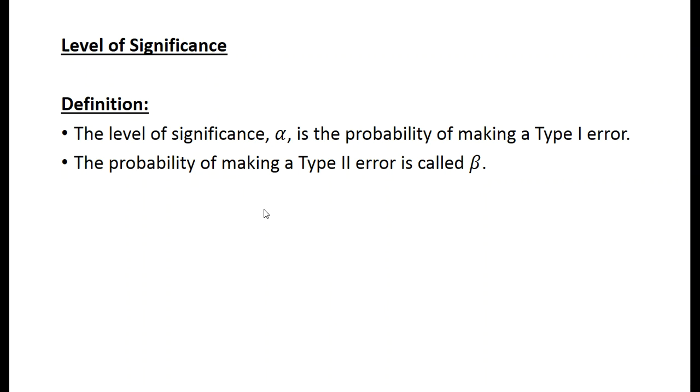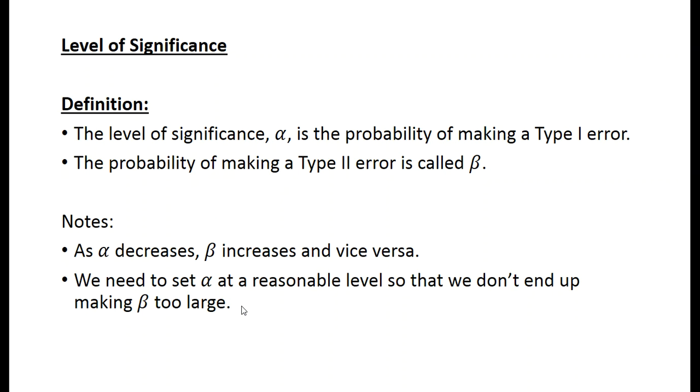So, what does this have to do with our significance level? The definition is that the level of significance, alpha, is the probability of making a type 1 error. And the probability of making a type 2 error is called beta. Because the type 1 error is worse, we want to minimize the probability of that error, so we want to minimize alpha.